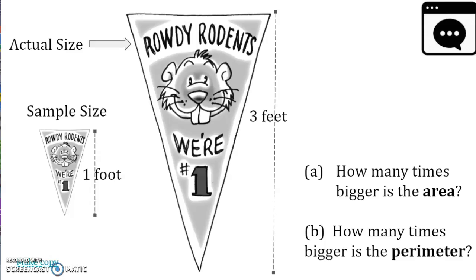This time you're going to do a quick exercise. You are creating a banner for your school team, and you have a sample size that is 1 foot long, and the actual size you want is 3 feet long. What happened to the area?